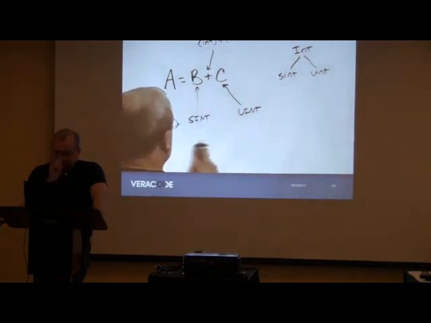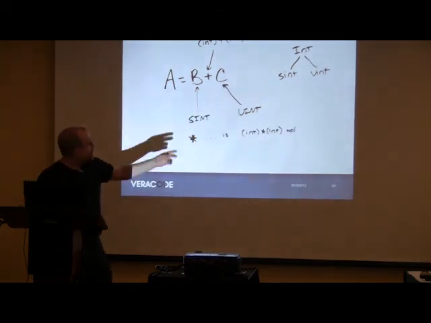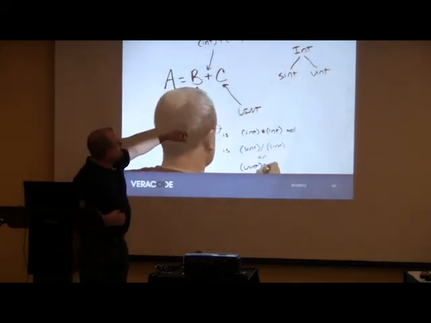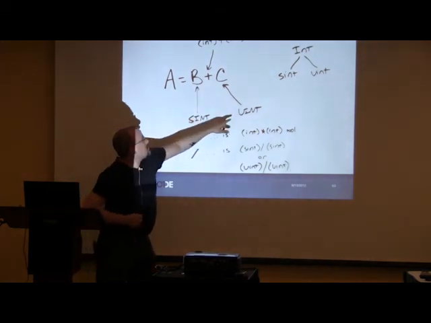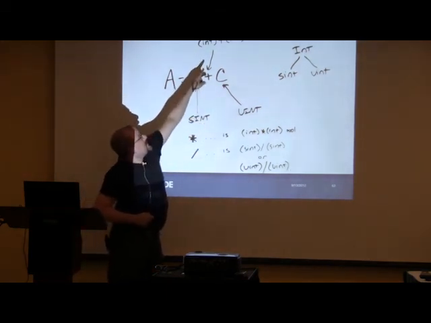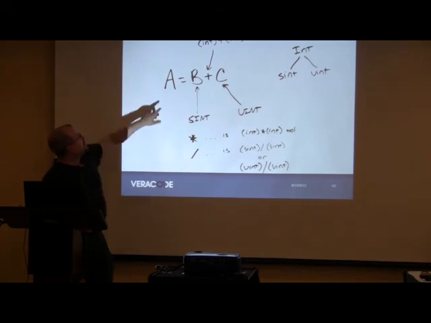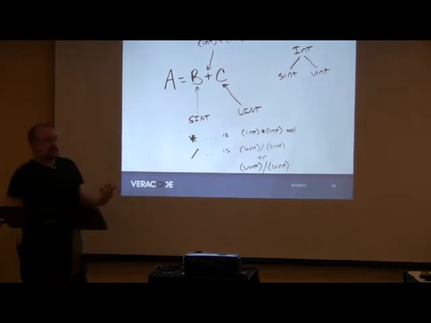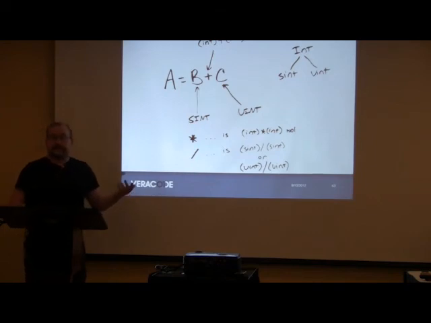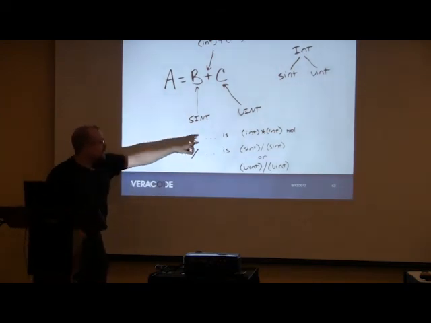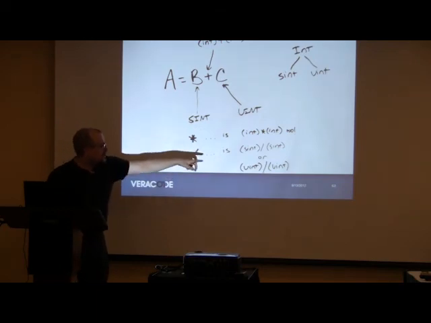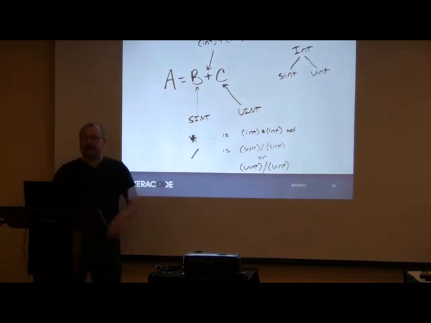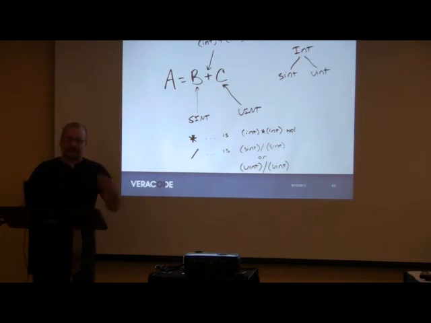So yeah, if here B and C are potentially a signed int or an unsigned int, and then you're doing an int operator, what does that say about A? Is it signed or is it unsigned? You don't really know. You just know that it's an int, at least. But if the operator was a multiply, well, then I guess it's an int too. But if it was a divide, then it would have to be a signed divide or an unsigned divide. There's no such thing as just a divide. It's one or the other.